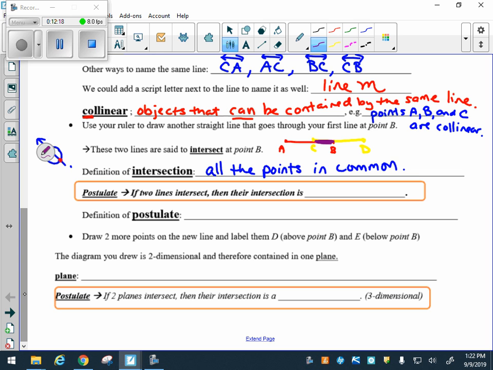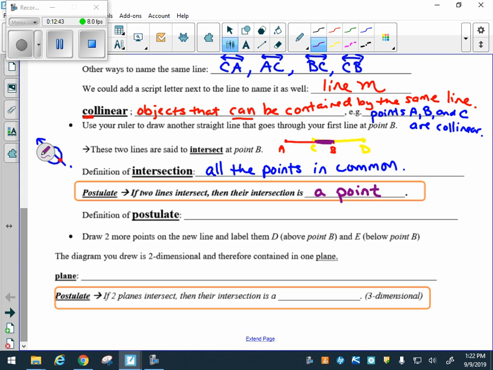Okay, so there's a postulate that says if two lines intersect, then their intersection is a point. We're going to define that in a second. So that word if kind of infers that two lines don't have to intersect.